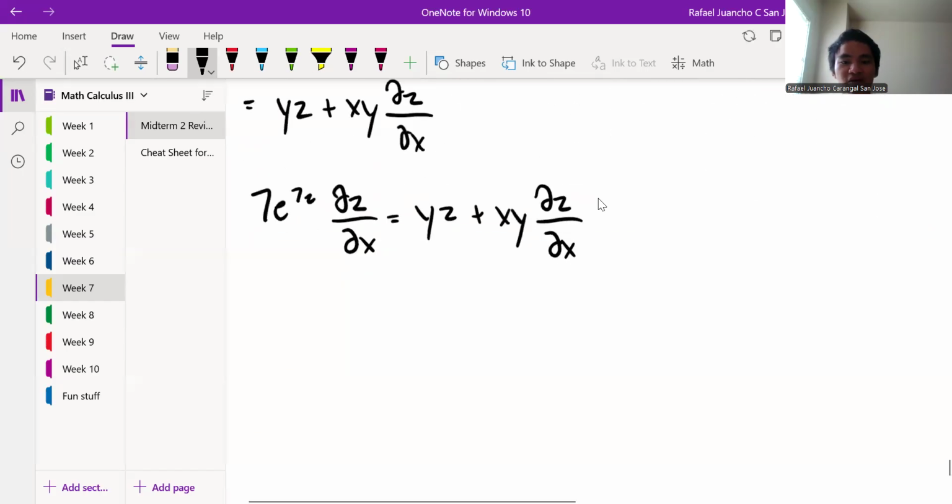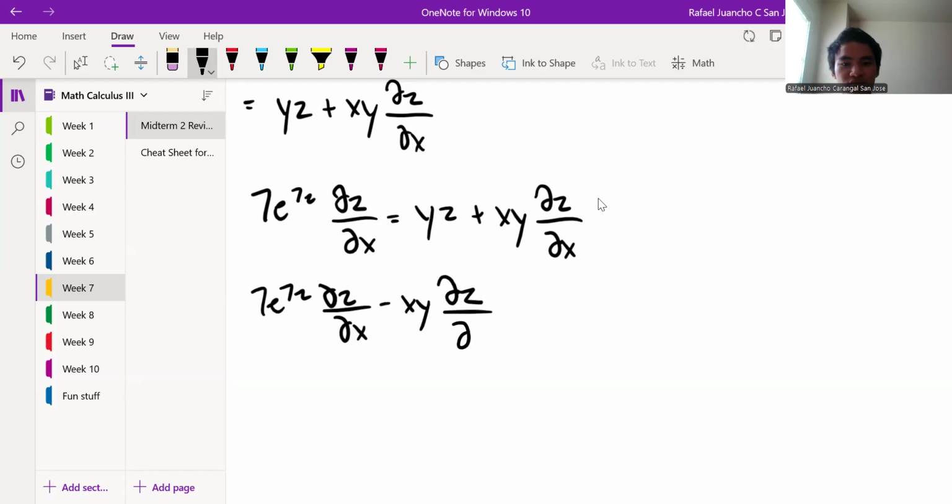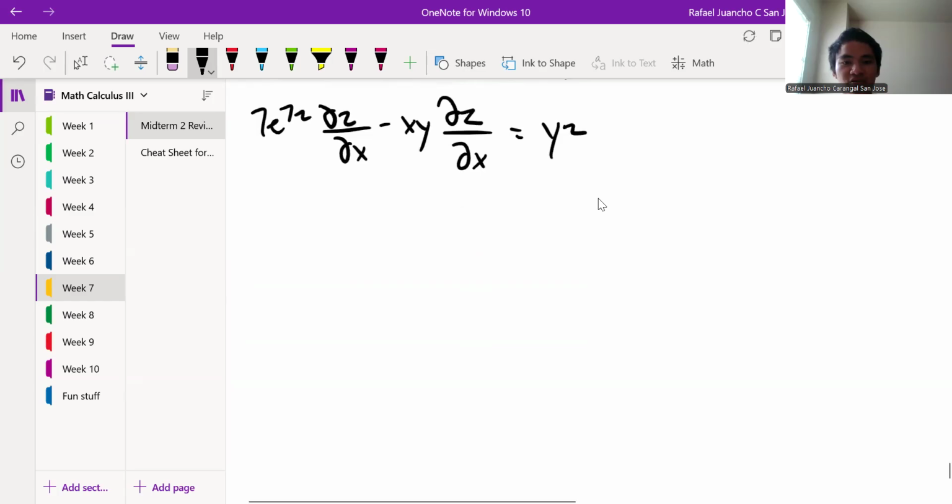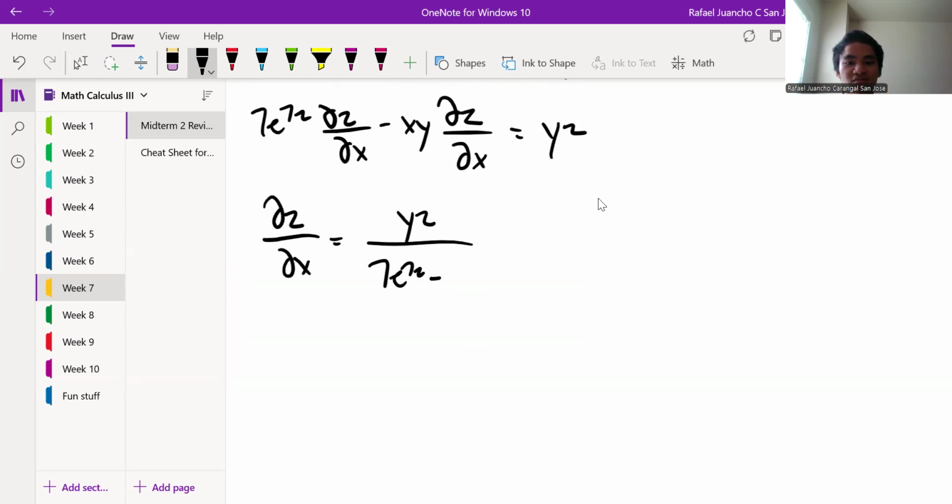There we go. Now we isolate this z, right? Minus xy is equal to yz. Then from there, I can just factor out this thing. So I get something like this: yz divided by 7e to the 7z minus xy. And that's my answer.